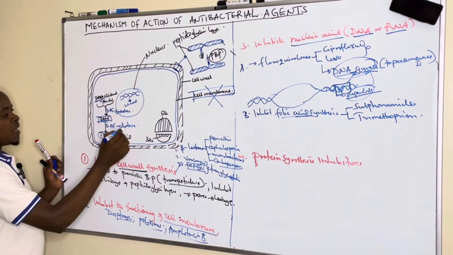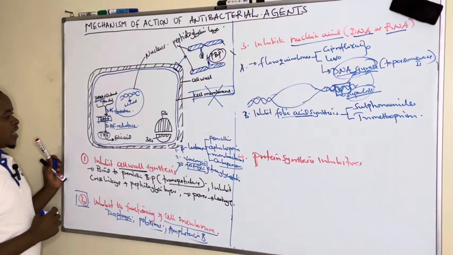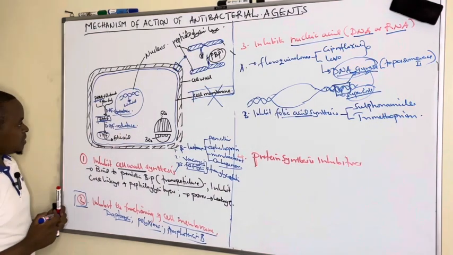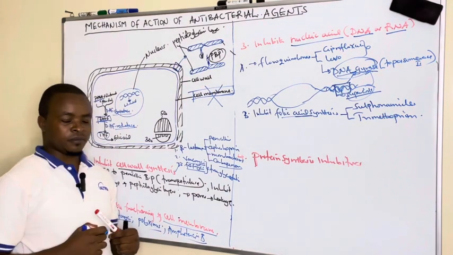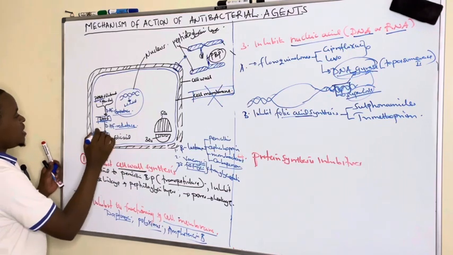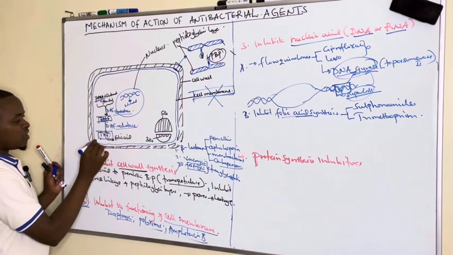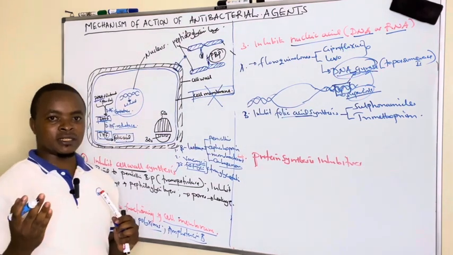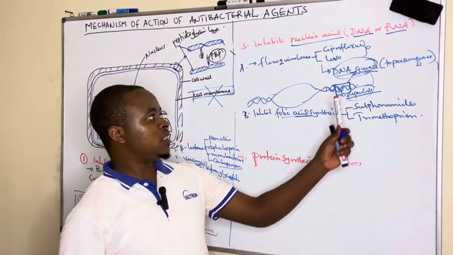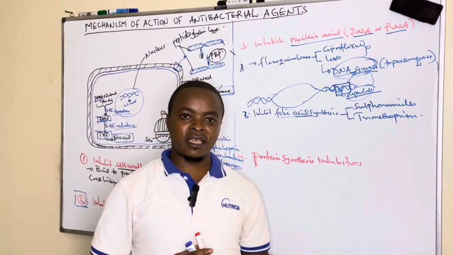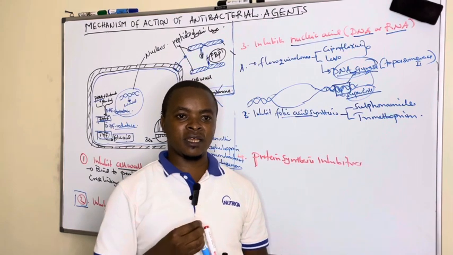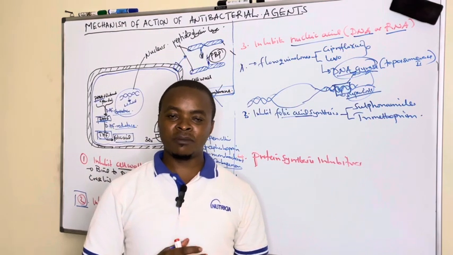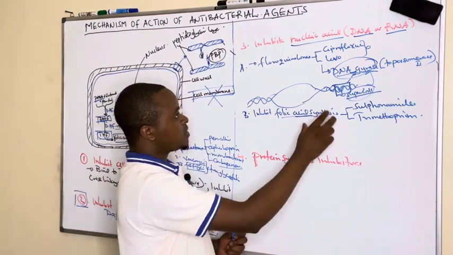So we are going to see sulfonamides inhibiting the synthetase enzyme, whereas trimethoprim is inhibiting dihydrofolate reductase. When we don't form tetrahydrofolate, we cannot form folic acid, and without folic acid, we don't form purines and pyrimidines that participate in DNA synthesis. That's why we classify it under DNA synthesis inhibitors, because once we don't have folic acid, we do not form purines, the nitrogen bases responsible for synthesis of DNA.